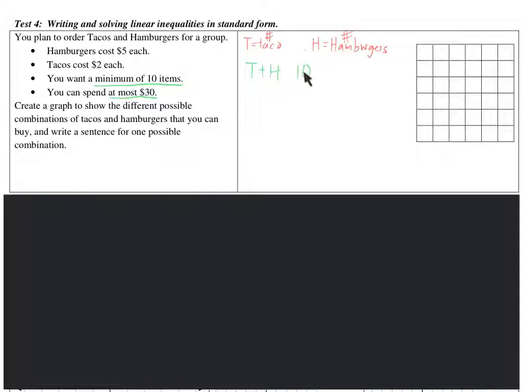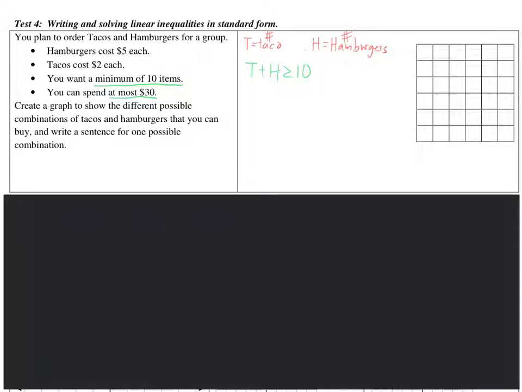Would this have to be bigger than 10 or less than 10? If 10 is the smallest you could have, wouldn't these two have to be bigger? Just think about that for a second. Wouldn't the tacos plus hamburgers have to add up to be more than 10?